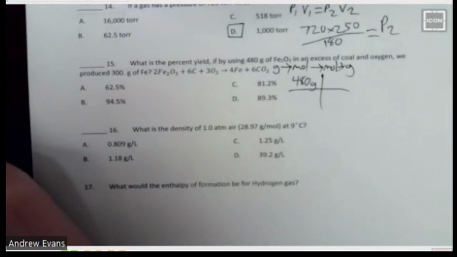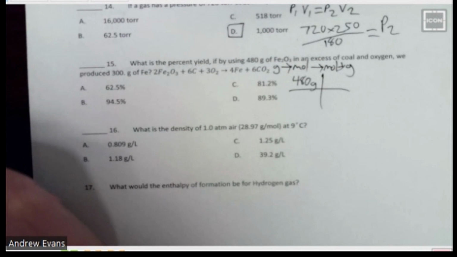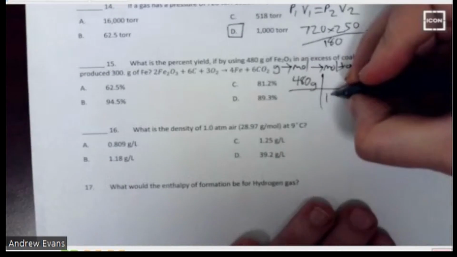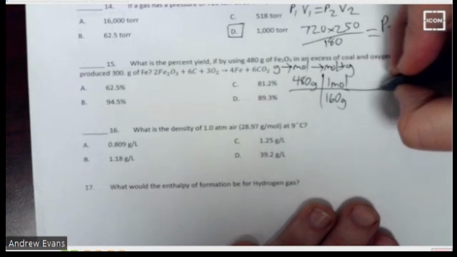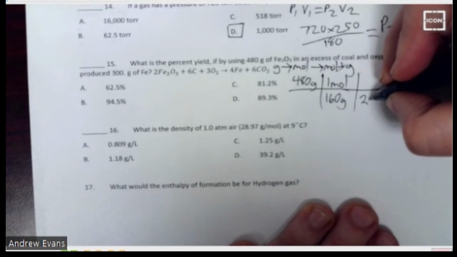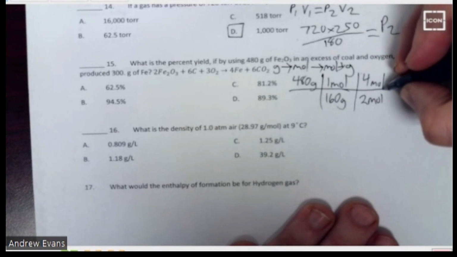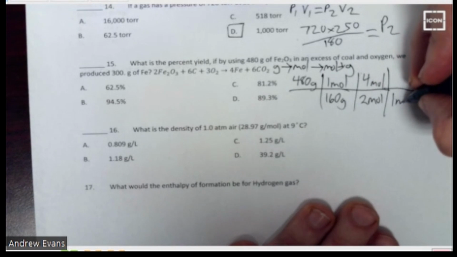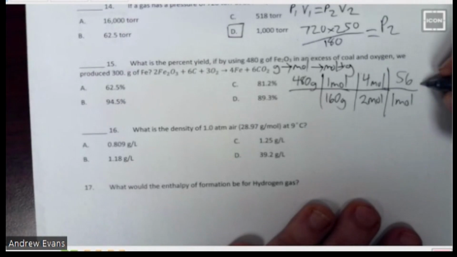Iron, I'm making the assumption 56, plus 3 oxygen, so plus 48. So it sounds like 160 grams per 1 mole. For every 2 moles of iron oxide, we produce 4 moles of iron. And as I said, I made the assumption for iron, 56. How much should we get? We should get something like 336 grams.